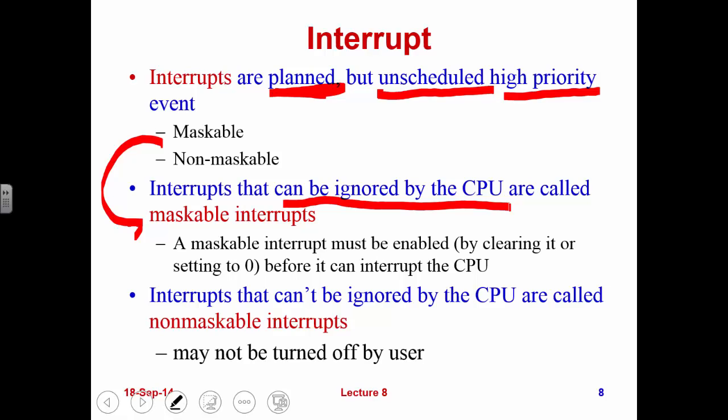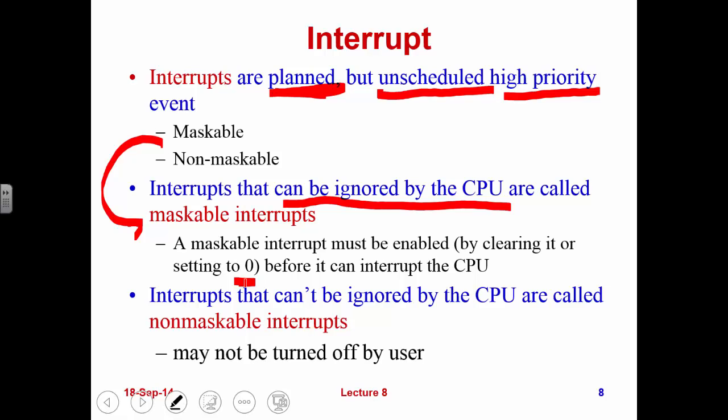A maskable interrupt must be enabled before it can interrupt the CPU. In other words, you have to make the bits that control this maskable interrupt 0, so it can interrupt the CPU. So you must clear it.